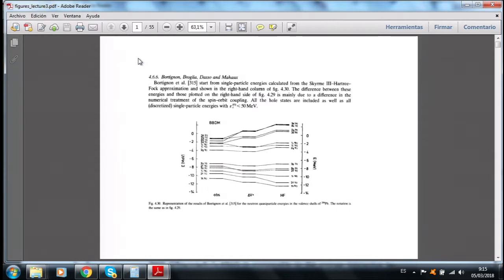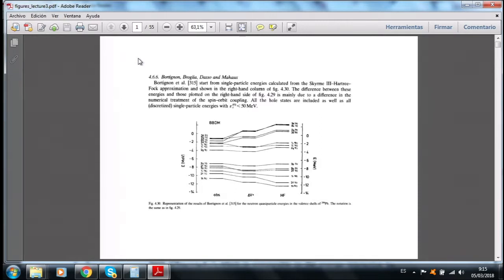And this is also a classical work by Bortignon, Broglia, Dasso, and Mao, where they started by using some Skyrme set of levels, in this case related to lead 208. It's an old application, so it's also an old Skyrme interaction. And the levels you get are these ones.